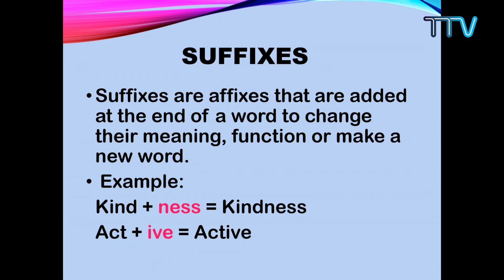Active member, active child. So it qualifies the noun. Active is an adjective. So act is changed into active. That means the word act, which is a verb, is changed into its adjective form.